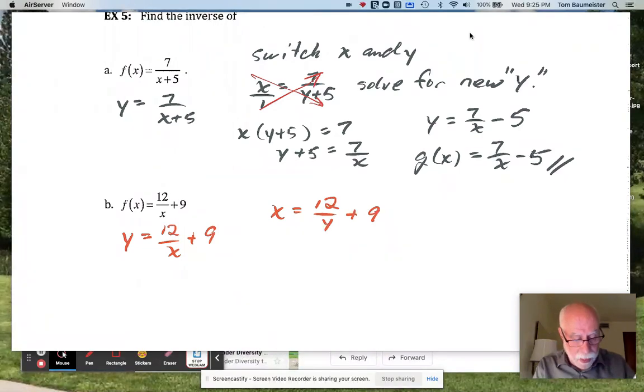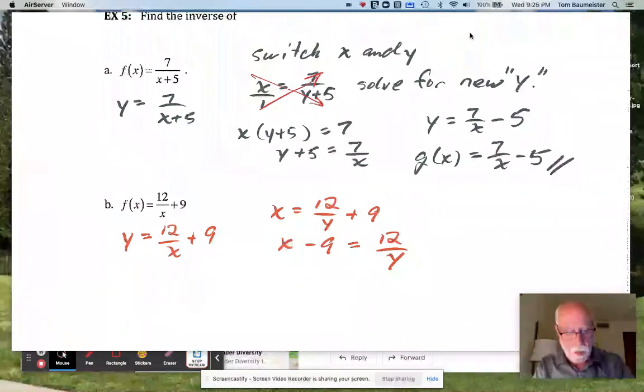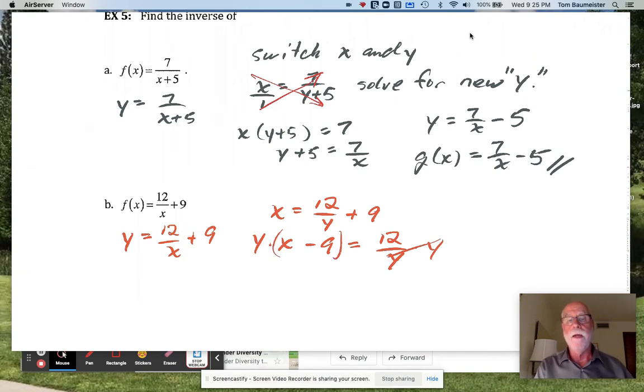All right, so now I'm going to have to get y by itself, but first thing I'm going to have to subtract the 9. And now to get y by itself, I can't have it on the bottom, so I'm going to multiply both sides by y. So I'll have y times, again, I already had the x minus 9 there, so it has to go in parentheses. And now to get y by itself, you're going to divide by x minus 9.